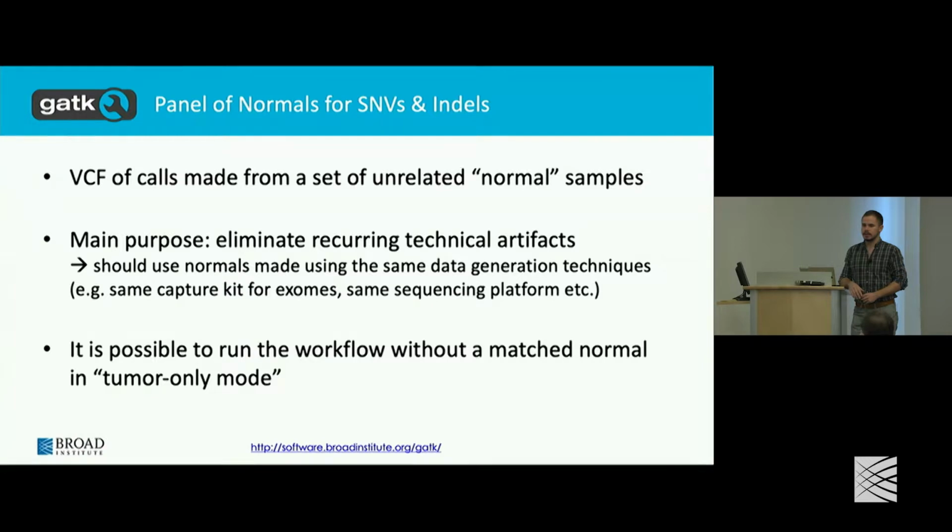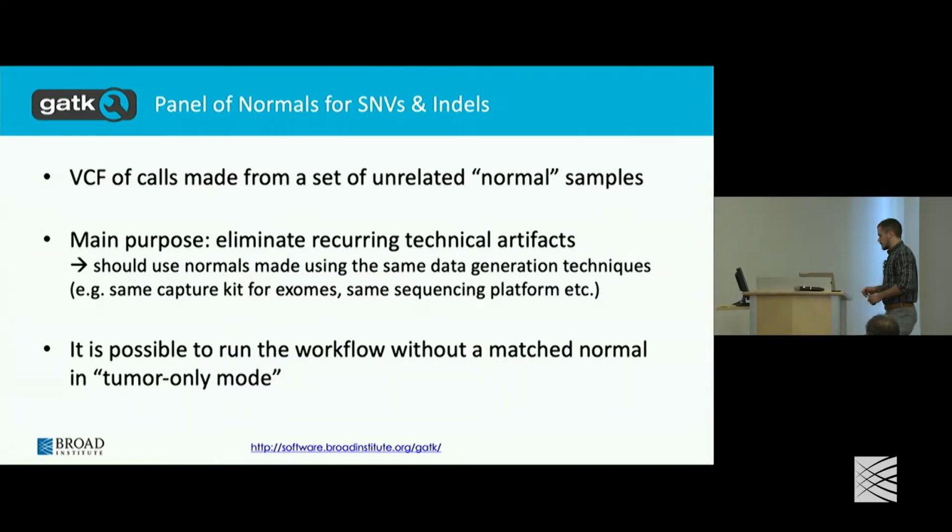And if we see it in our tumor sample, we just ignore it. And the main purpose of that is filtering out the recurring technical artifacts. And you should be constructing that panel of normals from the samples that came from roughly the same sequencing design.